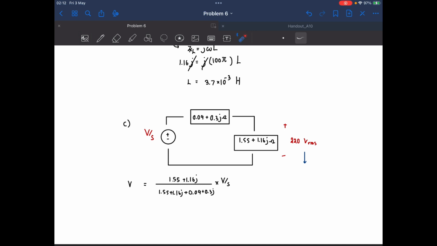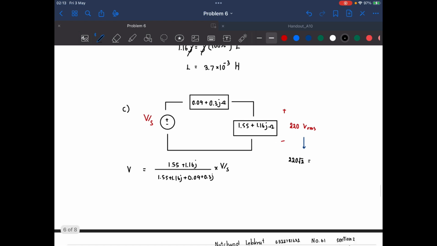we have to convert this back to the normal value by multiplying it with root 2.